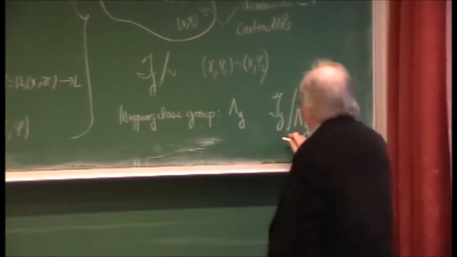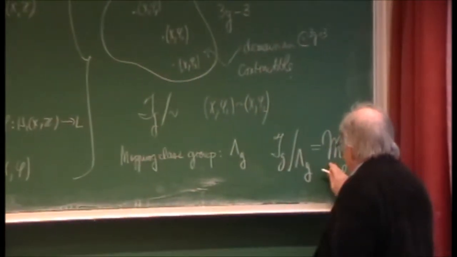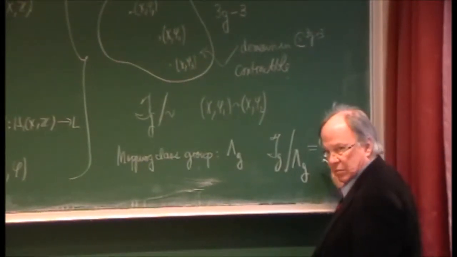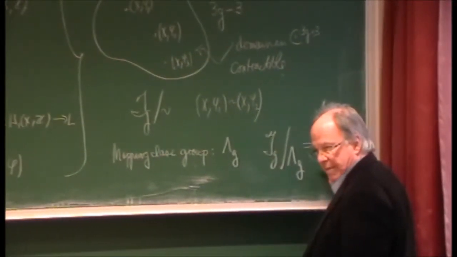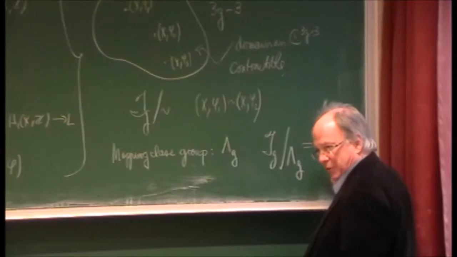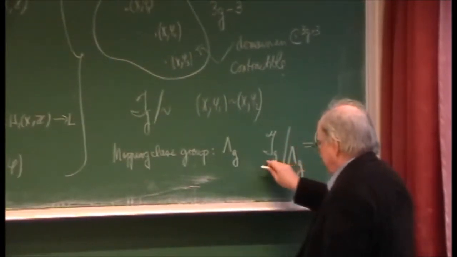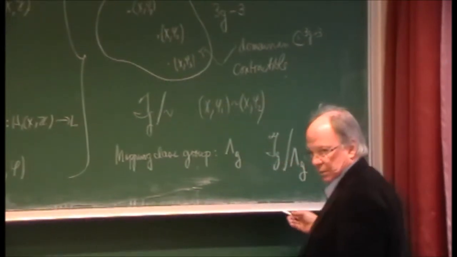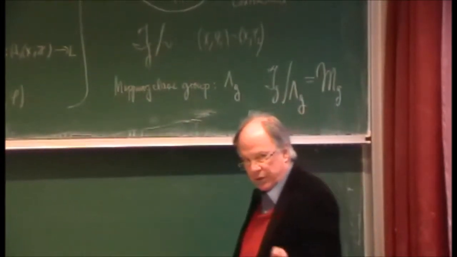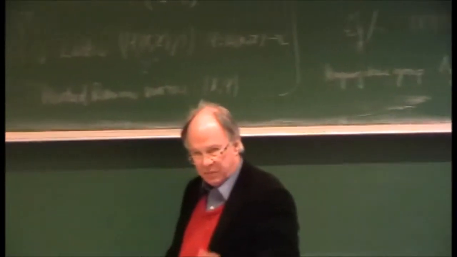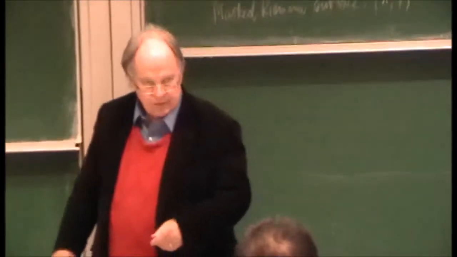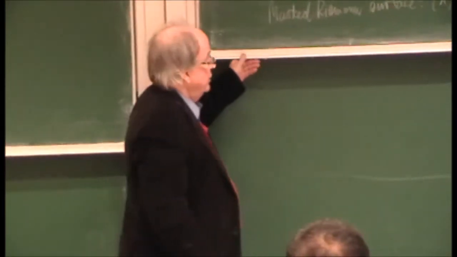But from this point of view, the interesting space that parameterizes every Riemann surface of genus G is what we call M_G. The space of all Riemann surfaces of genus G is Teichmüller space modulo that. So when you hear people going on about Teichmüller space, that's what it is, and that's how it arises.